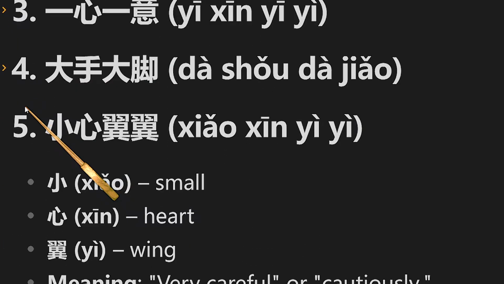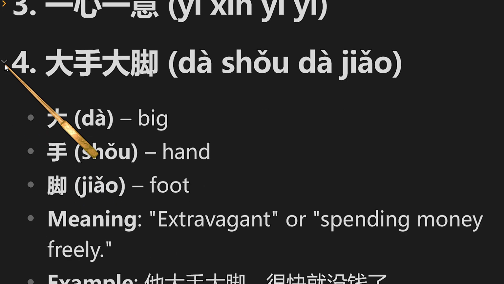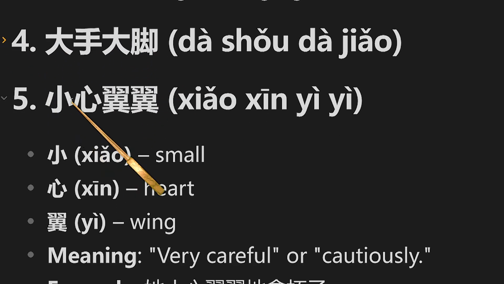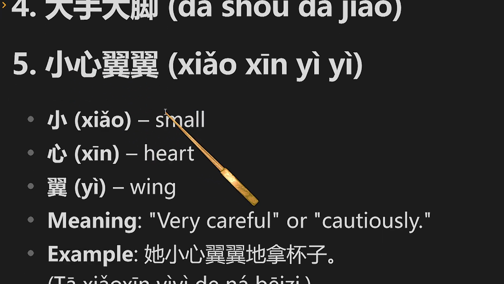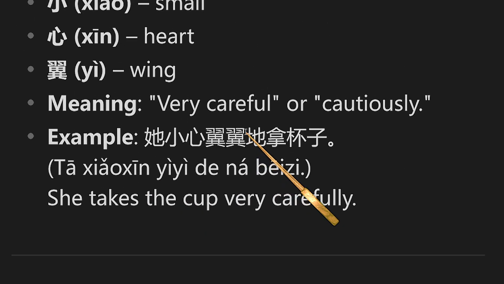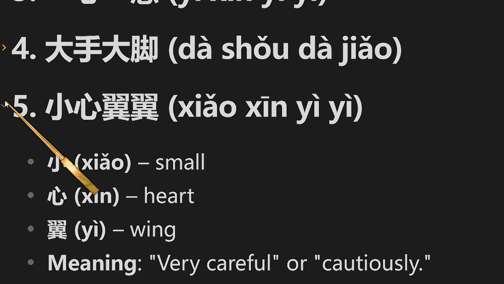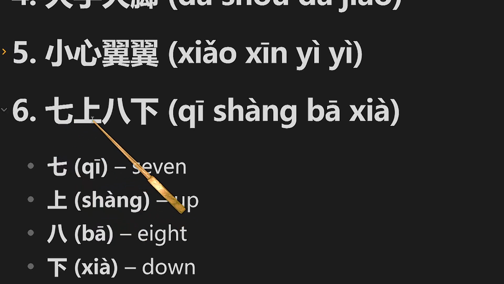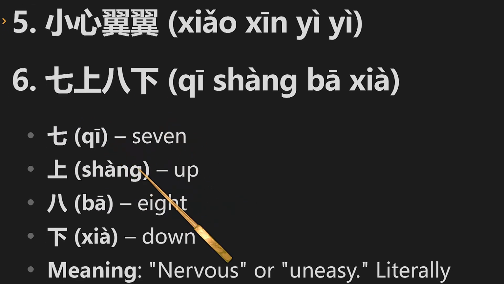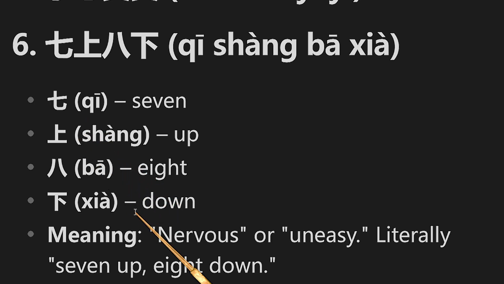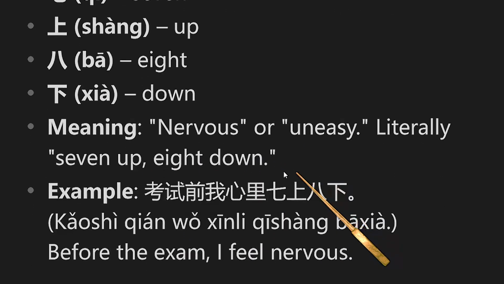It's not so much for this lesson, but we still have one idiom for today. 马马虎虎, it's the last one from the previous lesson. 大手大脚, extravagant, spending money freely. Previous, 小心翼翼, very carefully, cautiously, for example, to study or take something. 他小心翼翼地拿杯子. And the new one for today is 七上八下, 7 up, 8 down. What does it mean? Nervous, uneasy, literally 7 up, 8 down.